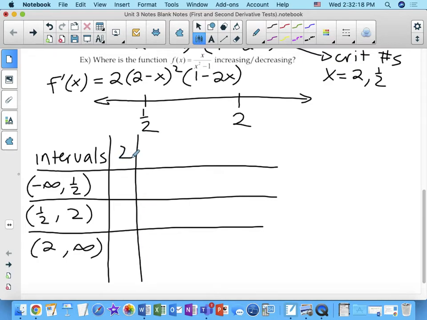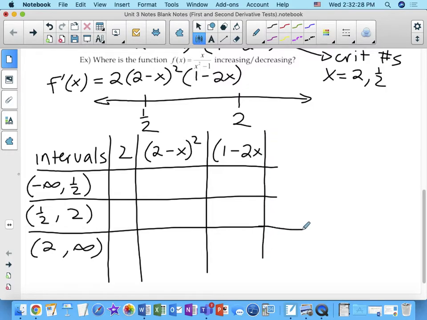There's 2. There's this piece, 2 minus x squared. And there's 1 minus 2x. Okay, and then I'm also going to have a column for f prime of x. And what we're going to do is we're going to record the sign of what each of these factors would be in each of these intervals.